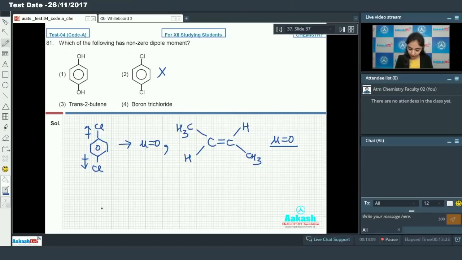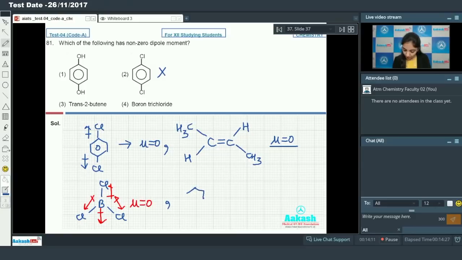Now if I talk about boron trichloride, which has a trigonal planar shape, this is the resultant dipole moment of these two vectors, which means these two cancel each other out. So here also mu is equal to 0.